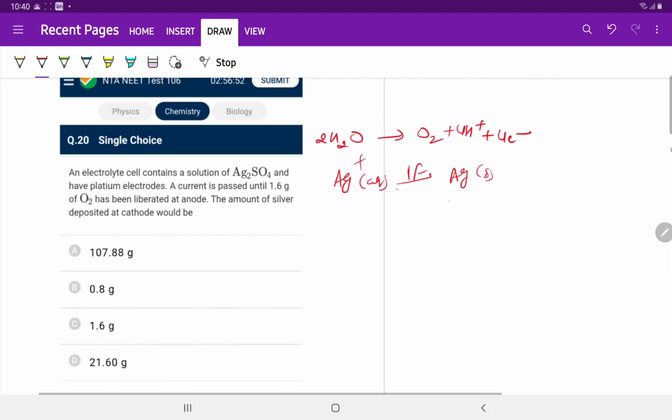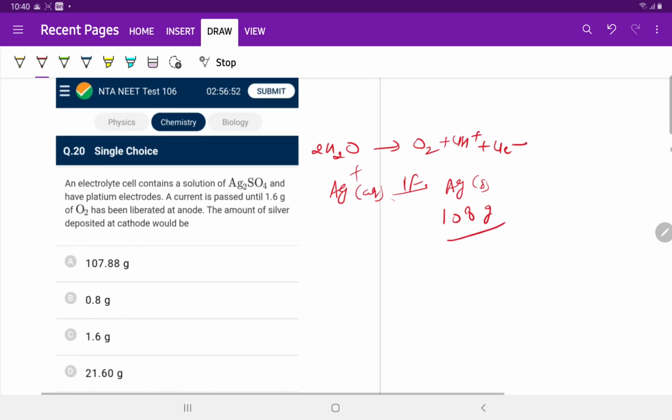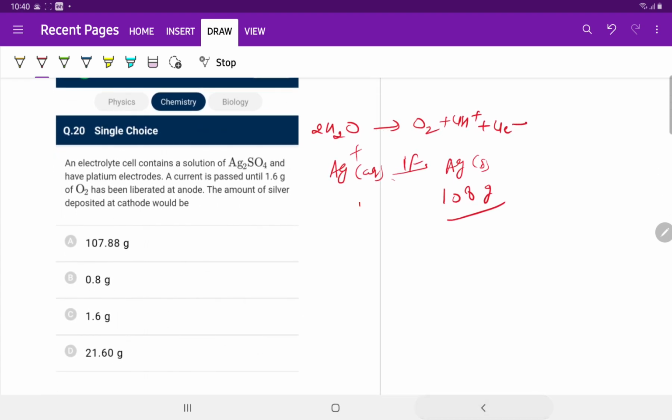So 108 gram of Ag will form from 1F charge.